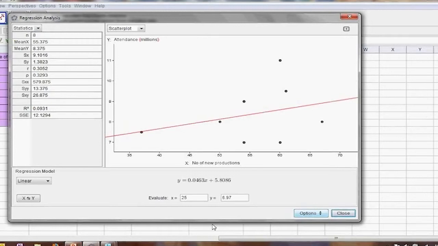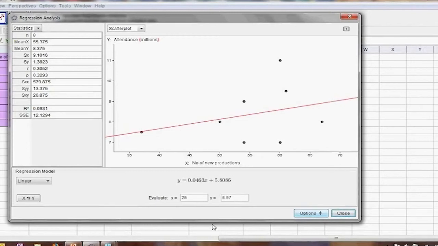I square my R and I find 0.09. So it's useless. If you have a line that can explain only 9% of your data, it means 91% is unexplained. You won't be able to explain why I have a point here or here. So you can't do any good correlation.